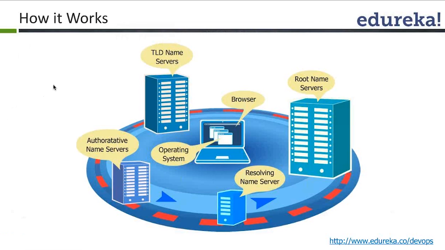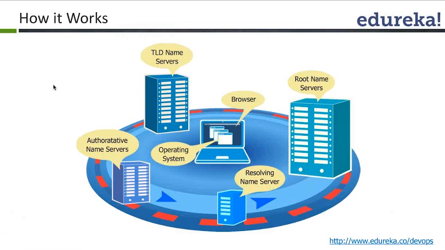My search now moves from the TLD server to what is called the authoritative name server. So what is this authoritative name server? It is a server which the TLD points to, saying that it contains the IP address of google.com.